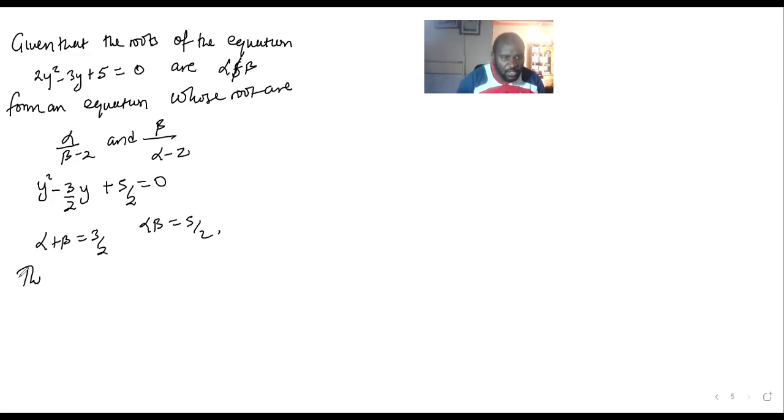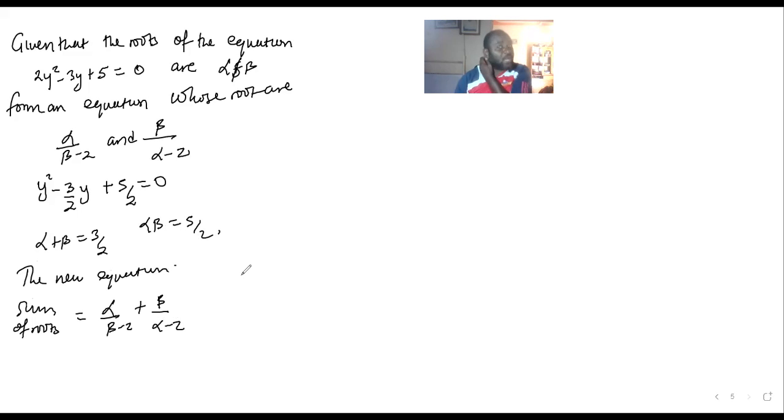The new equation has a sum of roots which is going to be alpha over beta minus 2 plus beta over alpha minus 2. That is why it requires you to have understood the earlier parts.